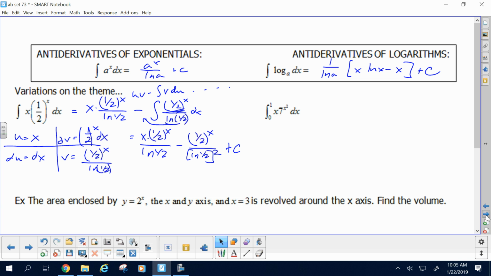What concepts to be used? Use of substitution, yes, it is use of substitution.